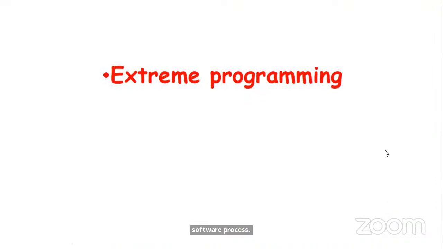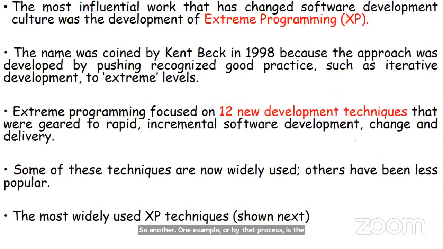One example of an agile process is XP, which is extreme programming. The most influential work that has changed software development culture was the development of extreme programming. The name was coined by Kent Beck in 1998 because the approach was developed by pushing recognized good practice, such as iterative development, to extreme levels.